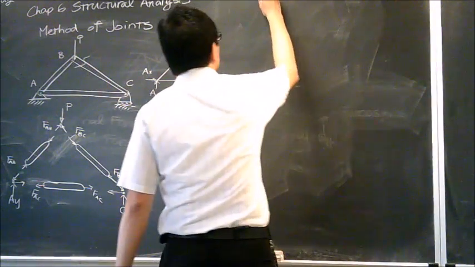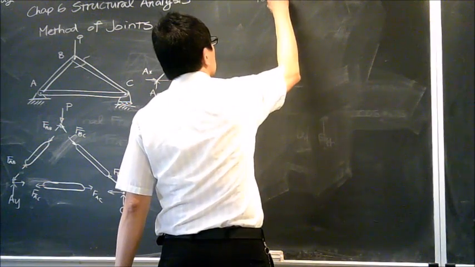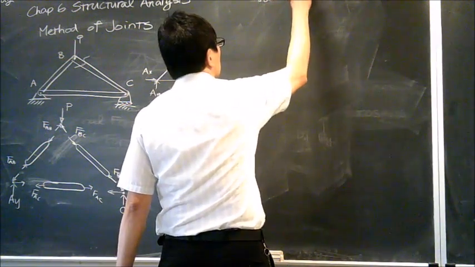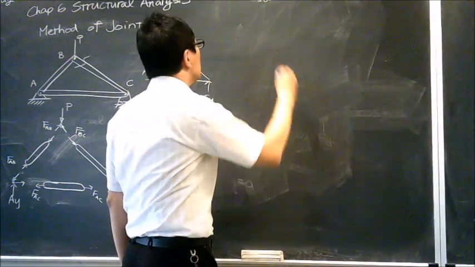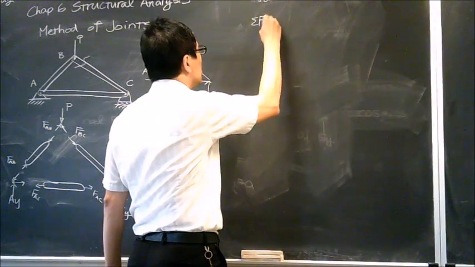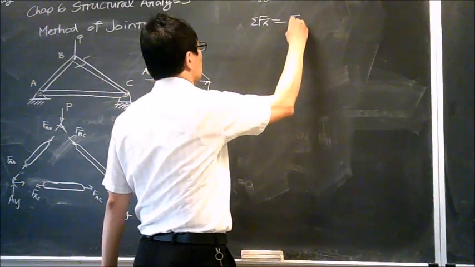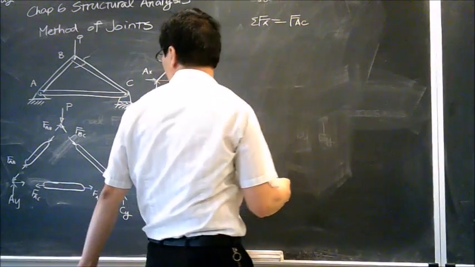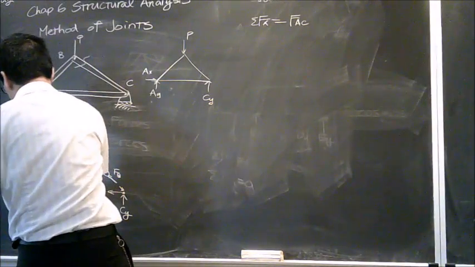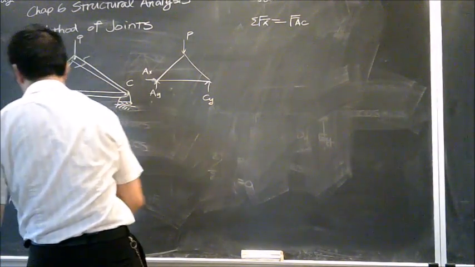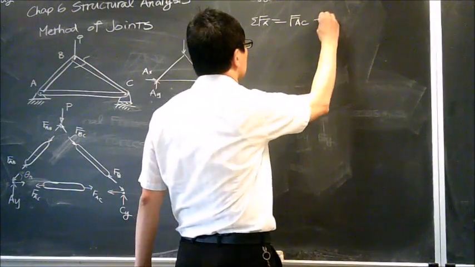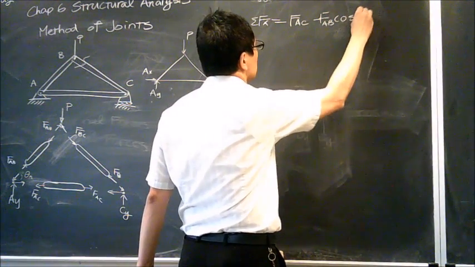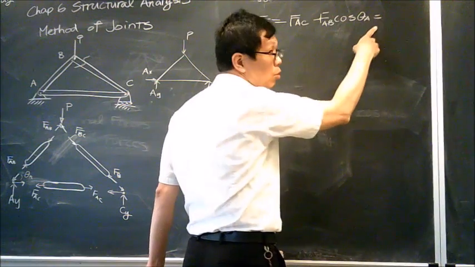Okay, so for point A, I would say joint A. What do I have? It's going to be FAC. Based on your configuration over here, it's positive direction. And let's say this is theta A. I must have minus FAB cosine theta A equals what?